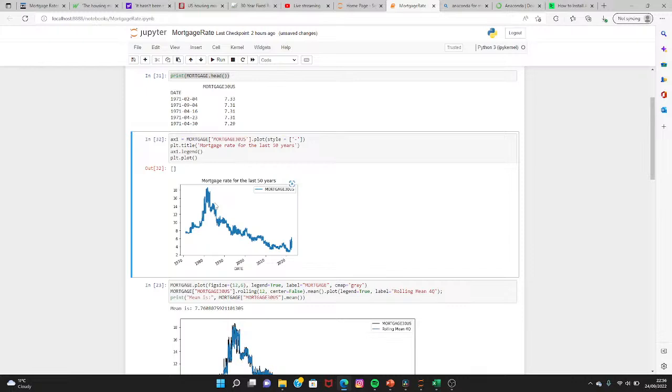So that is perhaps the worst case scenario in the last 50 years. 18% was the mortgage rate sometime in the early 1980s. But it's not just the 1980s. In the 70s it was also above 8%. In the 90s it was also around 8%. In 2000 and 2010 it was still about 6.5% on average. You see here it was 6.5%.